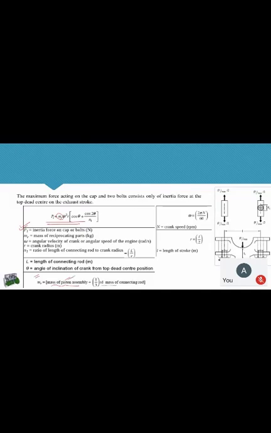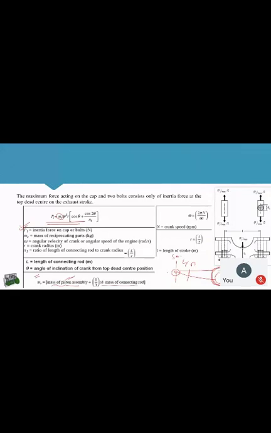So the mass of the reciprocating component is equal to the mass of the piston assembly plus 1/3 mass of the connecting rod, because I told you that in the connecting rod, between the small end and the big end, the big end is completely going to rotate, whereas the small end, up to a certain length, which is almost taken as L by √3, basically reciprocates, whereas the intermediate portion basically oscillates in an elliptical pattern.